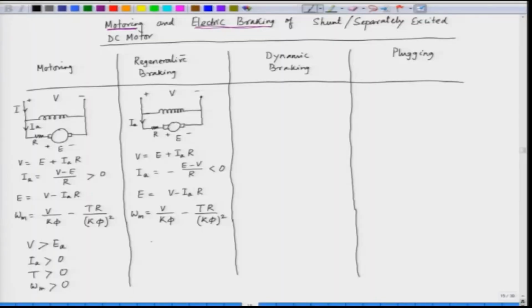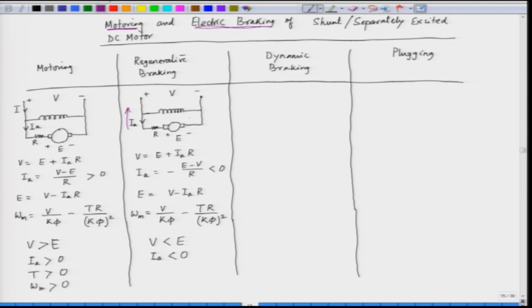So, here the applied voltage is less than the back EMF E. So, this is our back EMF. The applied voltage is less than the back EMF, and the current here is negative. So, it means the current is being fed to the applied voltage source. The current direction is opposite here.